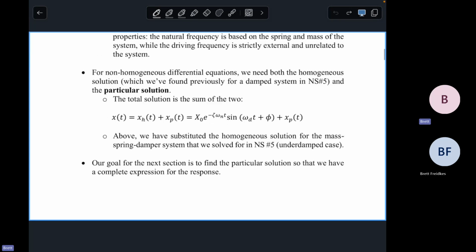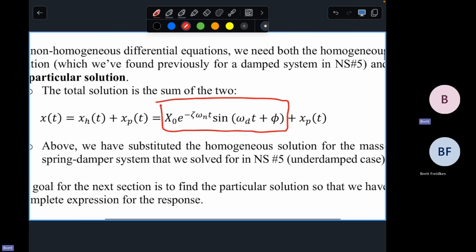So if you go back to note set 5, I guess, which is on damped systems, we showed that this is the response of an underdamped free vibration problem.